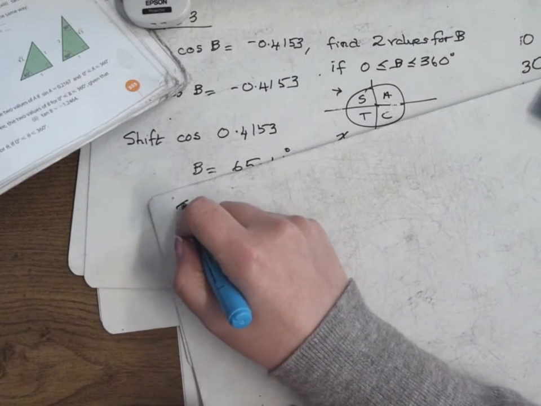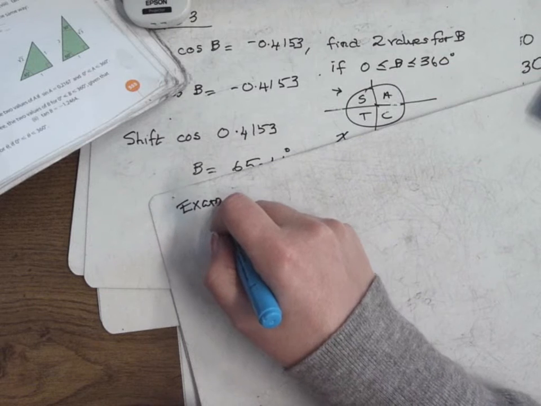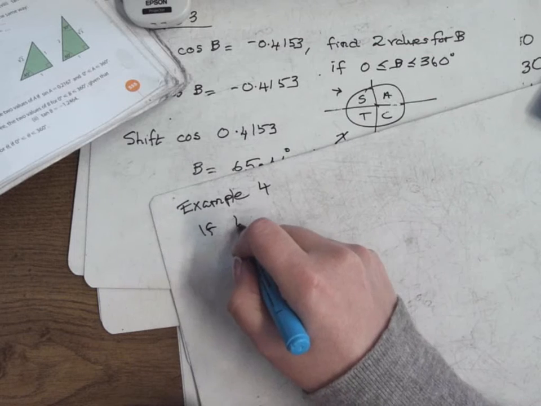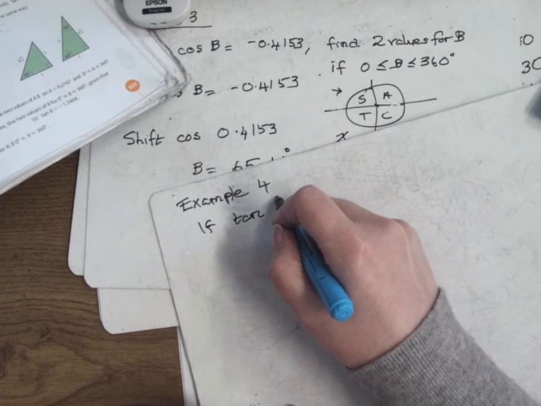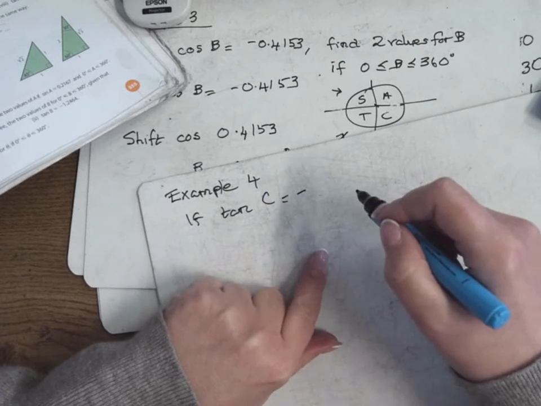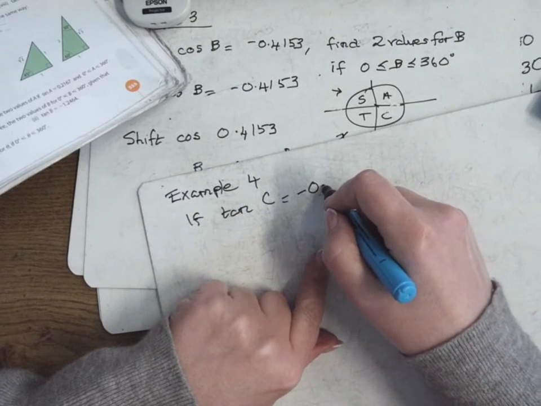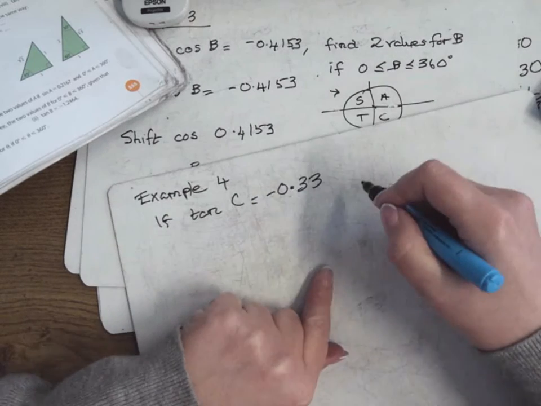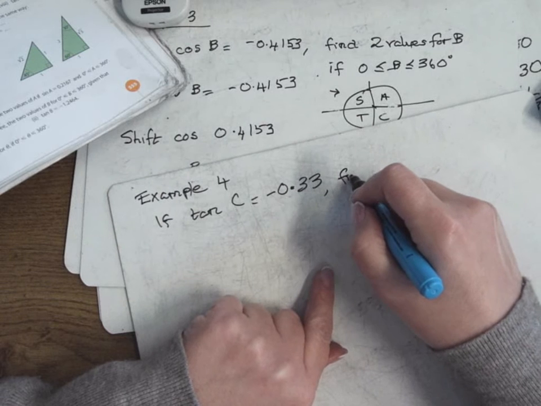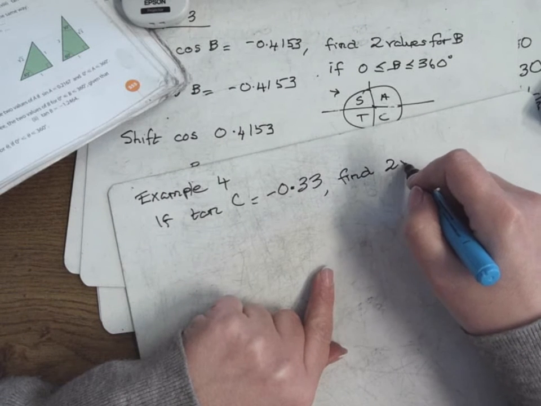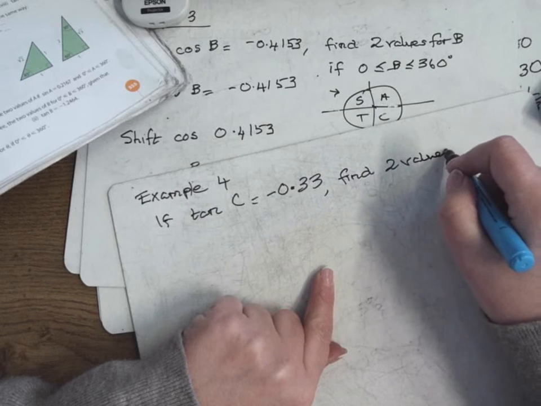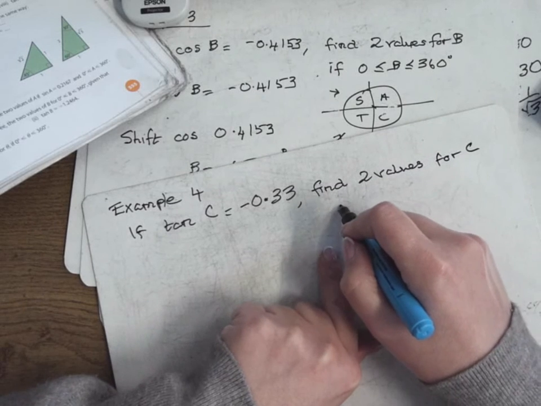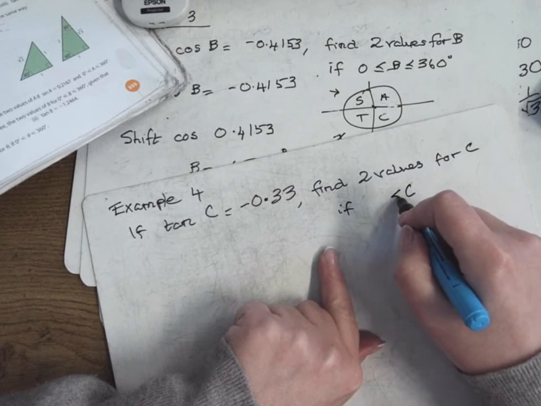Okay, example 4. If tan of C is equal to minus 0.33, find two values of C. And don't worry about this last bit, it just means the answers are going to be between 0 and 360.